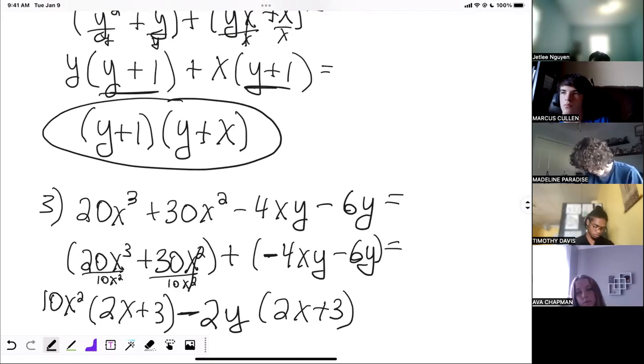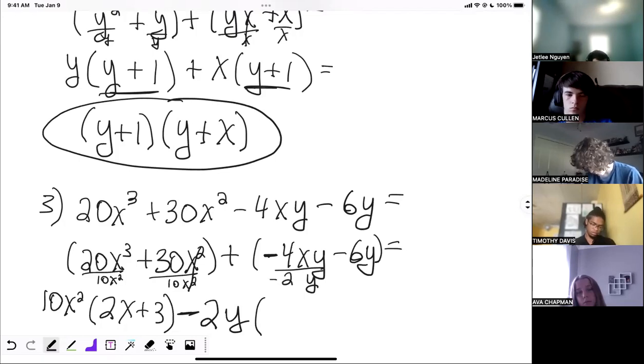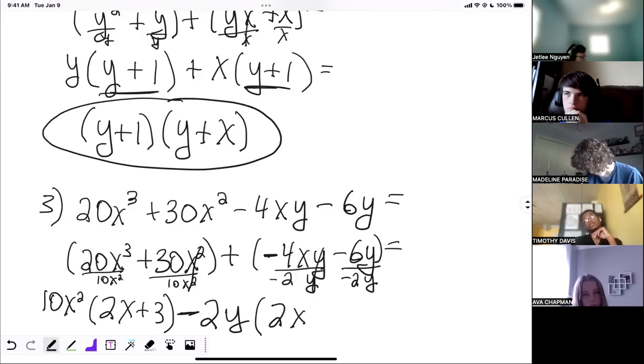The question is, will I have 2x plus 3? So let's see. I divide by negative 2y. Negative 4 divided by negative 2 is 2. X is going to stay. Y is gone. Negative 6 divided by negative 2 is positive 3. The y is gone. And yes, they match perfectly.